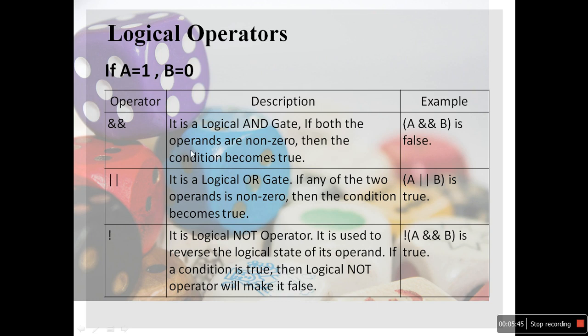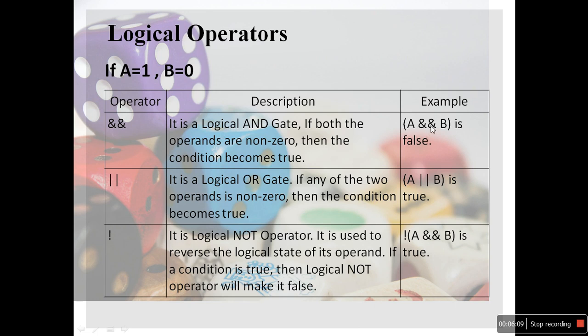What are operands? In the expression A double AND B, A and B are operands, and double AND is the operator. Clear?